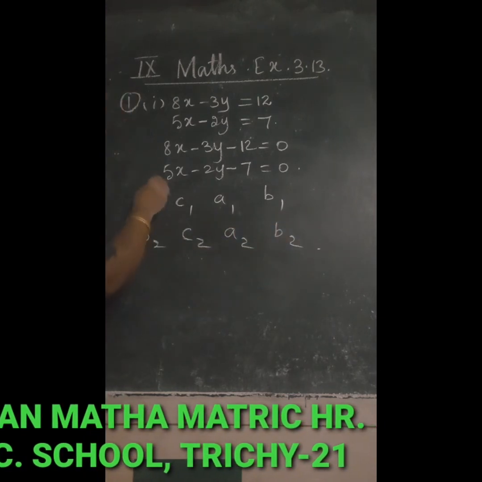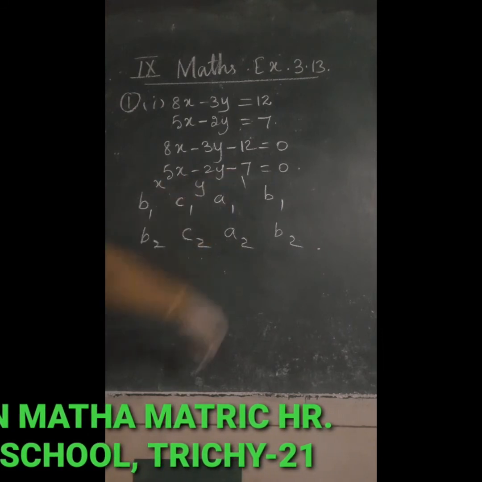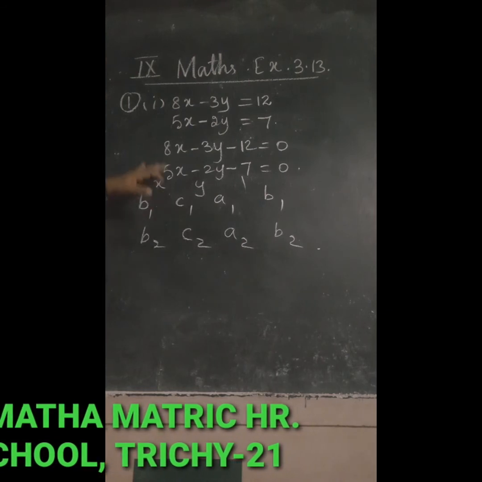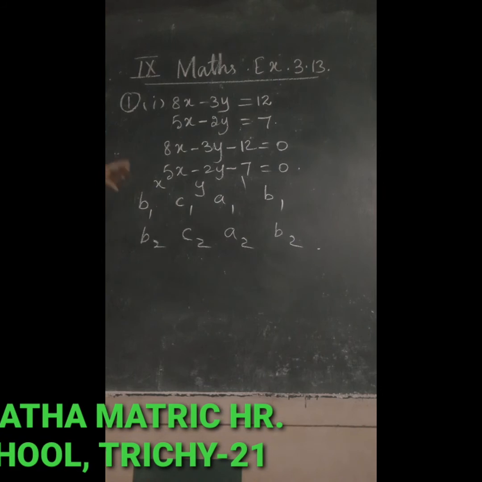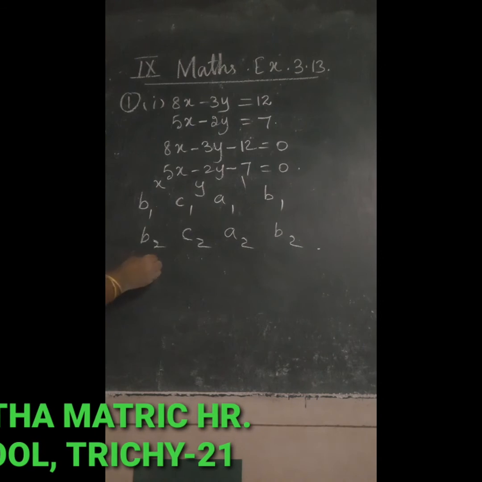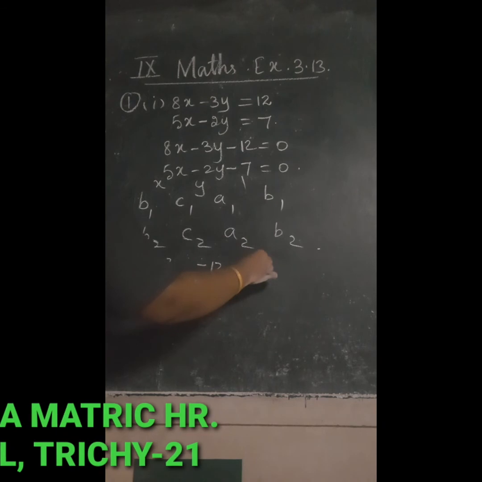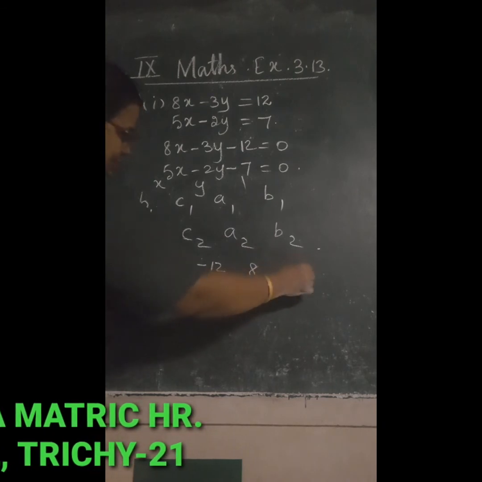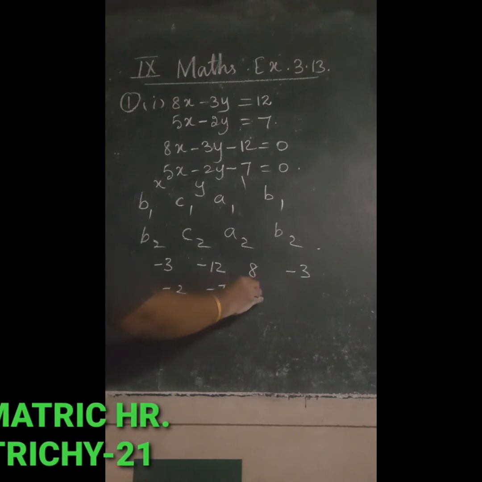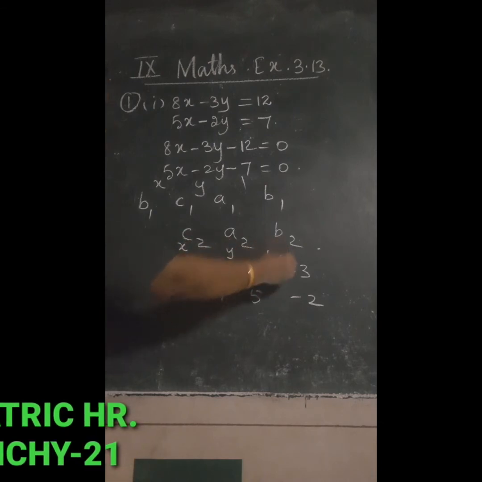Here A is the coefficient of x, B is the coefficient of y and C is the constant term. According to this, first row is minus 3, minus 12, 8 and again minus 3, and next row minus 2, minus 7, 5 and minus 2. This is for x, this is for y and this is for the constant term.